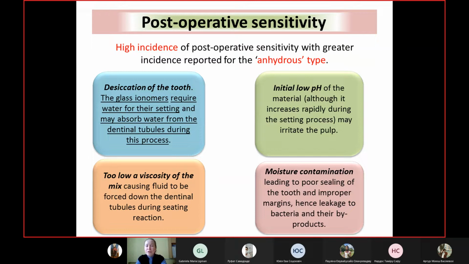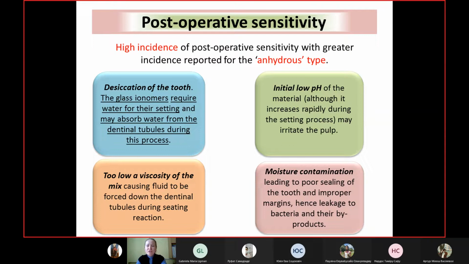You know that glass ionomer needs moisture for polymerization, and in the case of this anhydrous type, the glass ionomer cement can take water from the pulp to polymerize if some handling notes were not appropriately maintained. So the patient could feel pain after placement of glass ionomer, especially the anhydrous type.